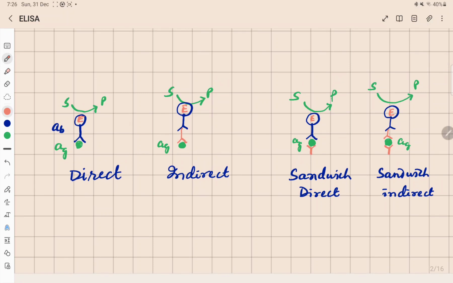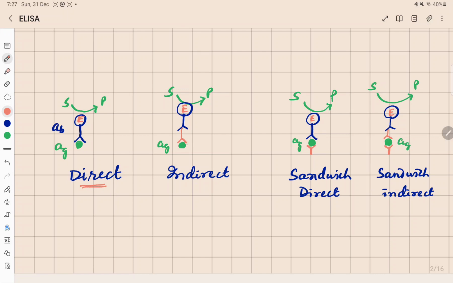In this case, there is only one antibody, and that antibody reacts with the antigen and is conjugated with the enzyme which can convert the substrate into a colored product. You can see here the enzyme conjugated antibody directly binds with the antigen present in the sample. So this is called direct ELISA.